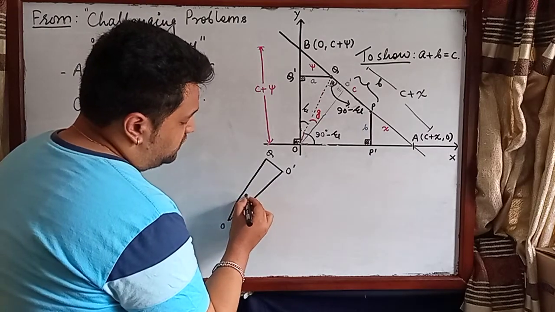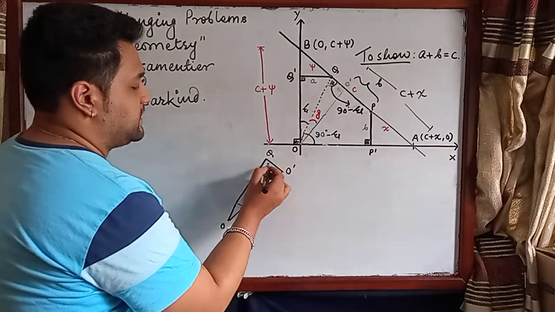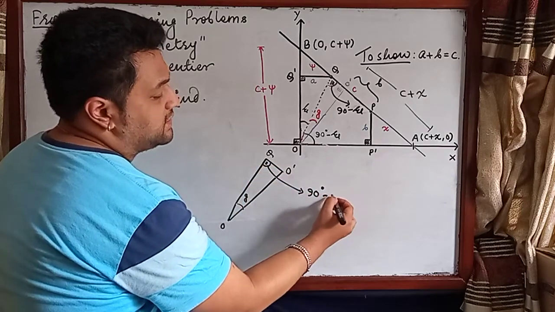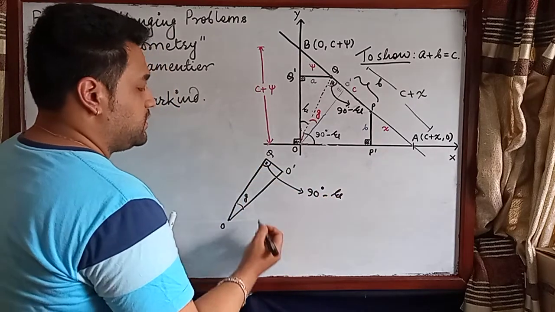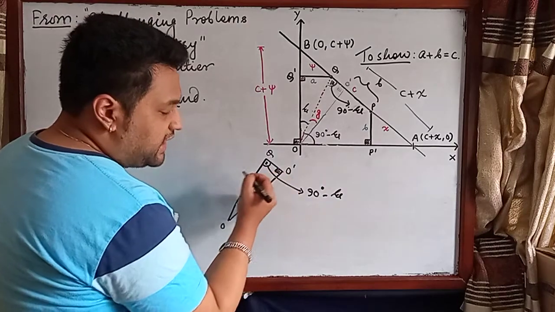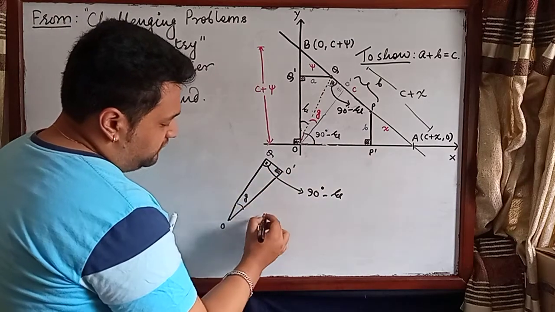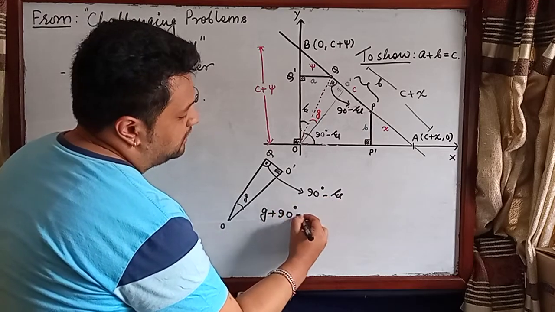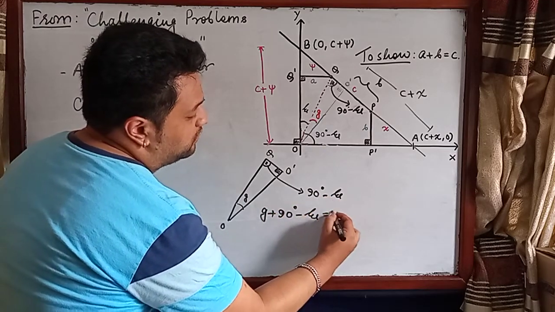This angle I've supposed to be G, and this angle was found to be 90 degrees minus xi. So since this angle is 90 degrees, the sum of G and 90 degrees minus xi is equal to 90 degrees.